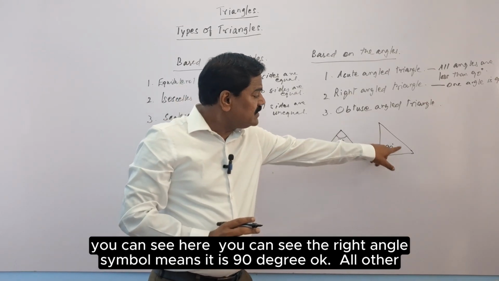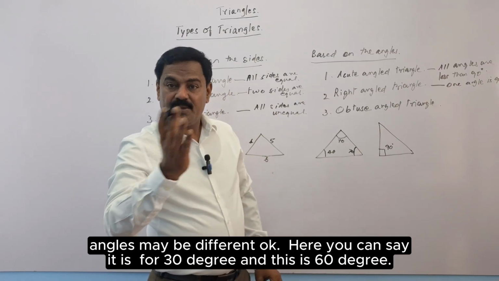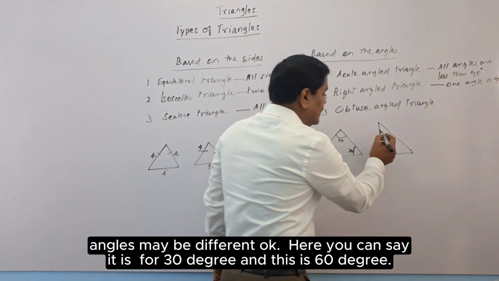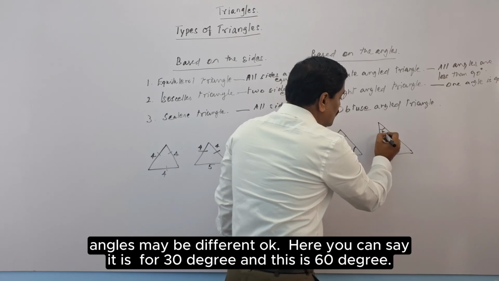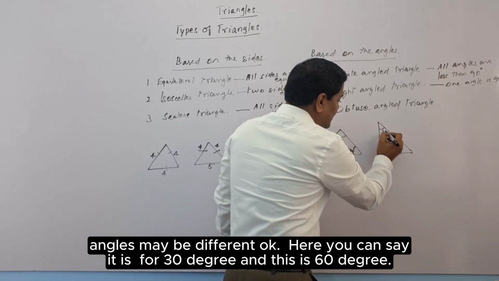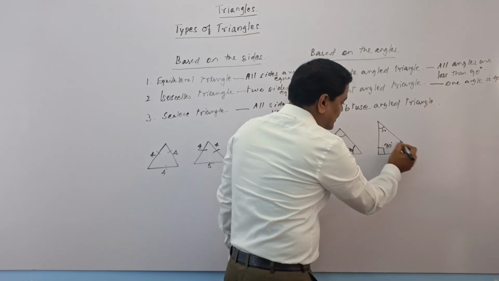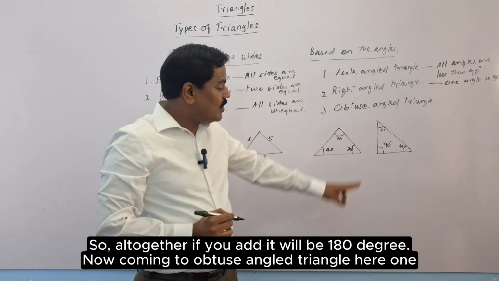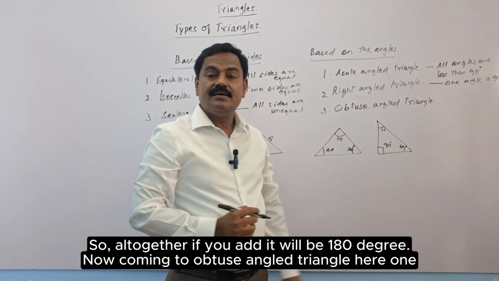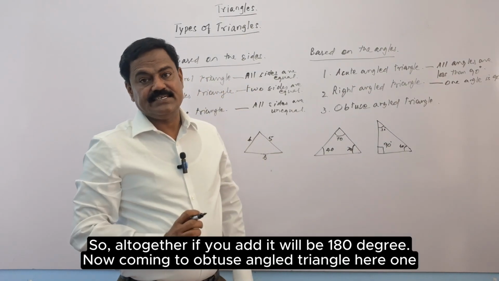Okay, all other angles may be different. Here you can say it is 30 degree and this is 60 degree. So all together if you add, it will be 180 degree.